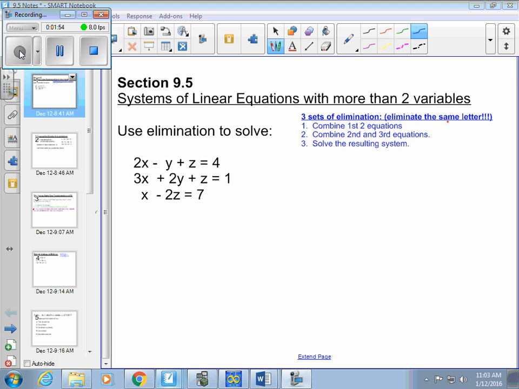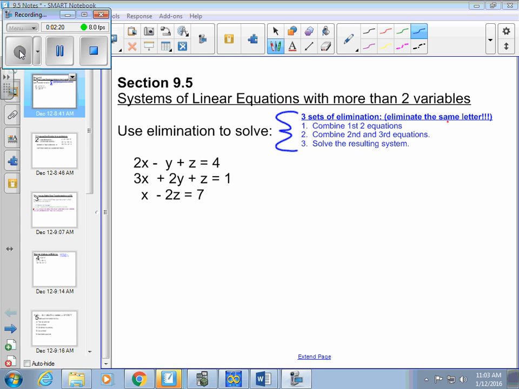So as you're looking at your three equations with your three variables, think about what you can do to use elimination. In 9.1, in our first section, we had one set of three equations with three unknowns that we said, hey, use the first two, get rid of the z's. Use the second two, get rid of the z's.